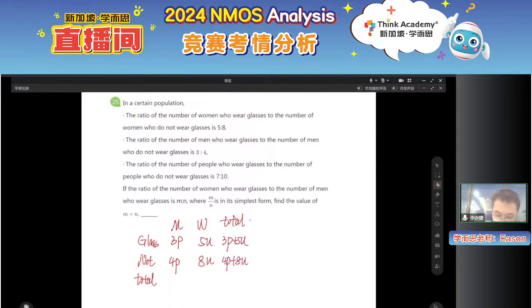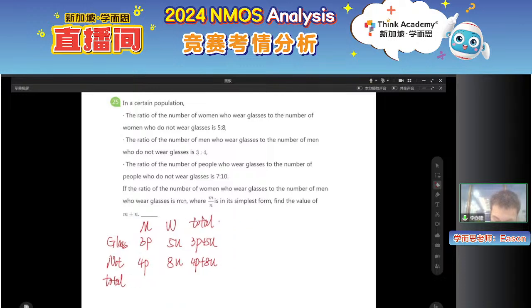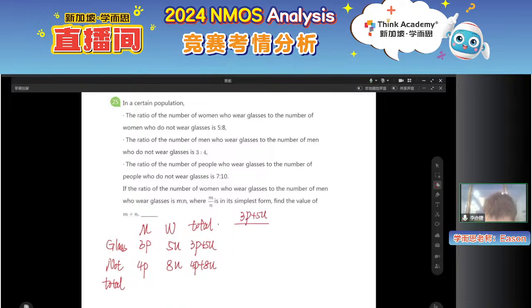The ratio between them is 7 to 10. Then we do the cross multiplication: 28P plus 40U equals 30P plus 50U... so we get 6U equals 2P, and 3U equals P.